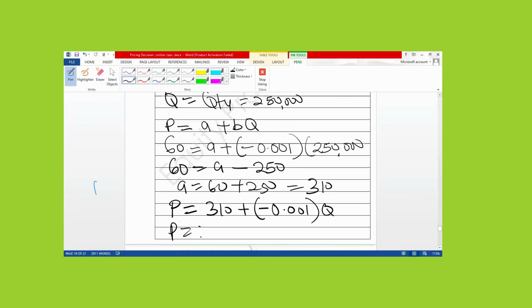P is equal to 310 minus 0.001Q. This is the price equation, the equation you are going to use to derive your selling price. Please note, at a selling price of 60 naira, that is not the optimum selling price.